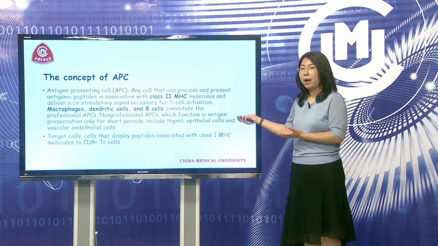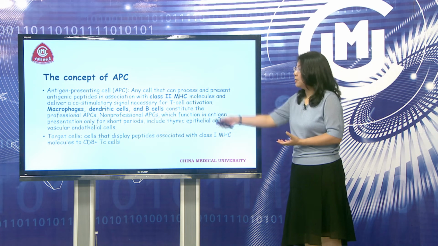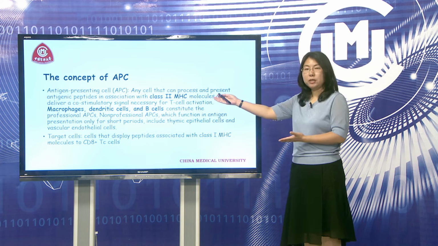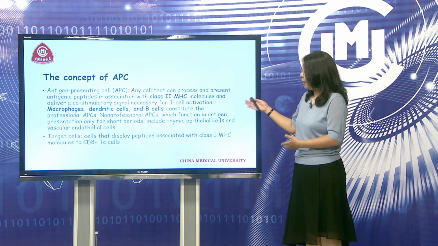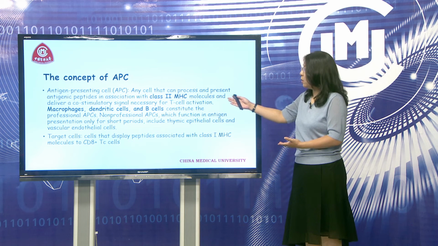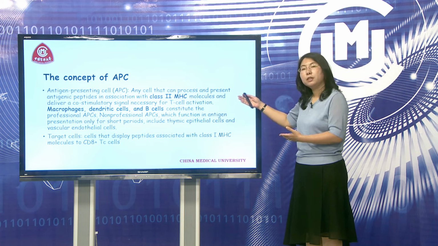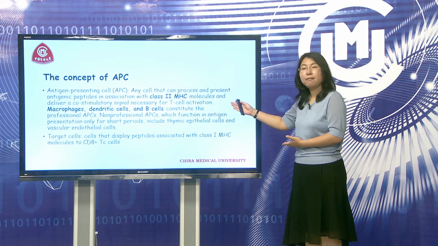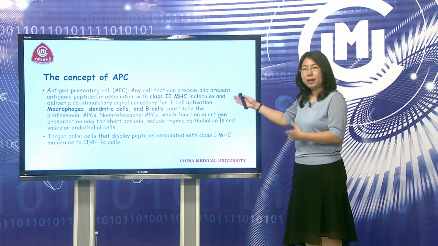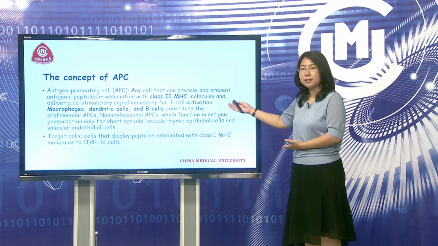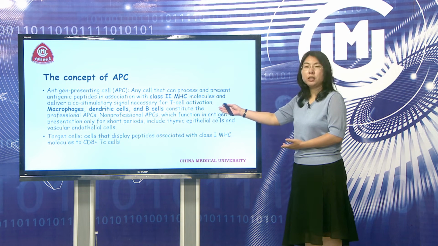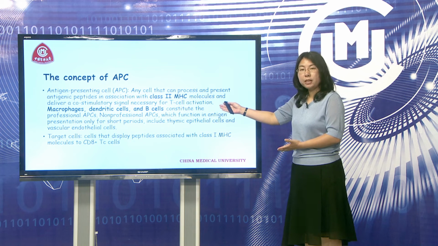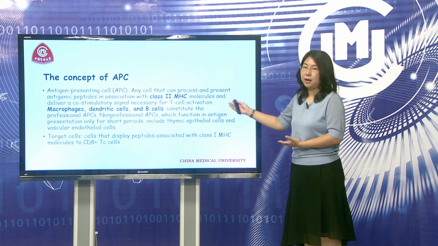They are expressed on special cells, such as macrophages, dendritic cells, and B cells. These cells express class 2 molecules. They also have B7. Do you remember B7? They give the T cell the second signal. So these cells we call professional antigen presenting cells.